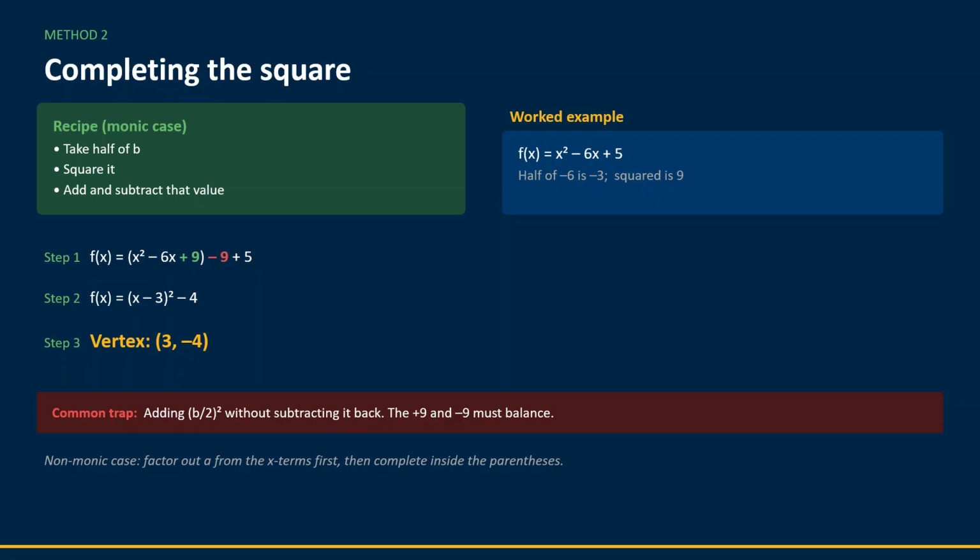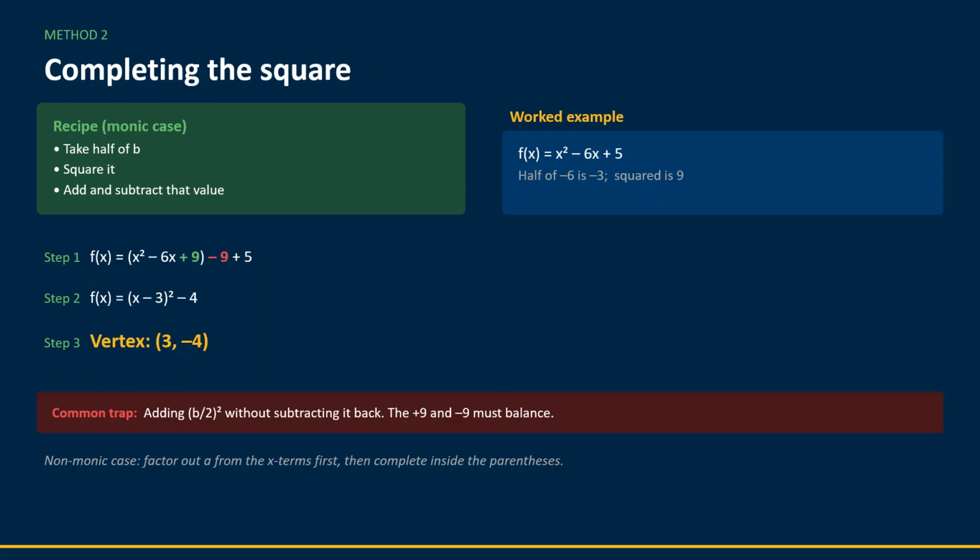X squared minus 6x plus 9 minus 9 plus 2. The first three terms form a perfect square. Factor to get x minus 3 quantity squared minus 7. Now we can read off the vertex directly. H equals 3, k equals negative 7. The vertex is at 3, negative 7.